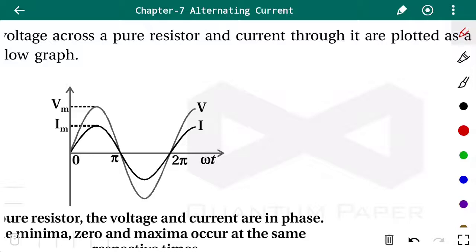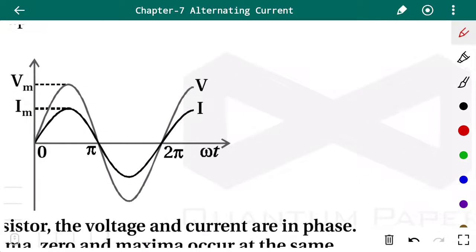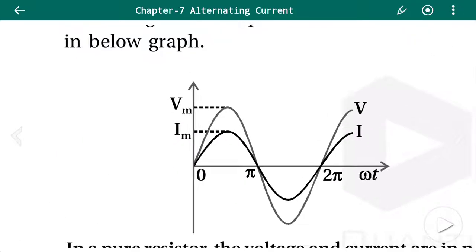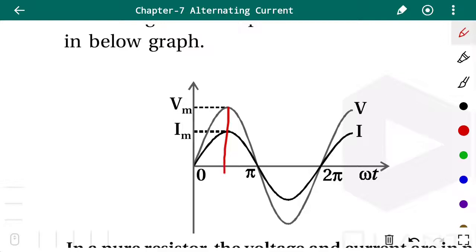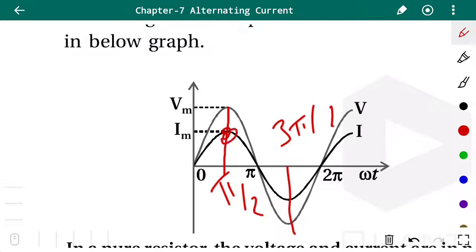So when we draw both graphs in one, the I graph will be smaller compared to the V graph. You can see in this figure, at pi by 2, the Vm and Im are there, right? We get the maximum current and maximum voltage at pi by 2 and at 3 pi by 2, but the value of maximum current will always be smaller than that of the maximum voltage.